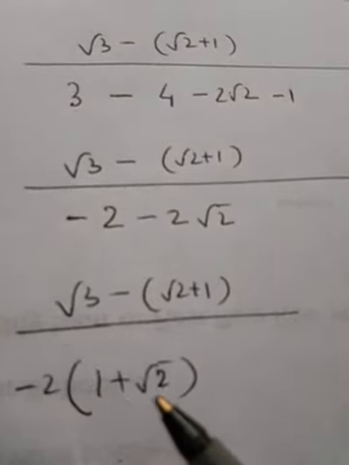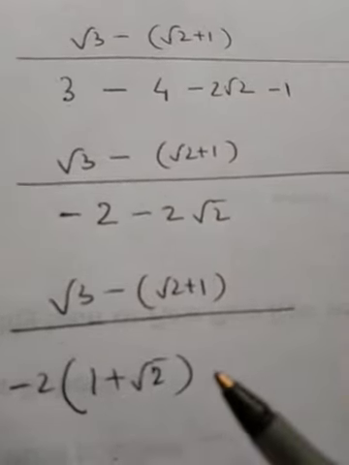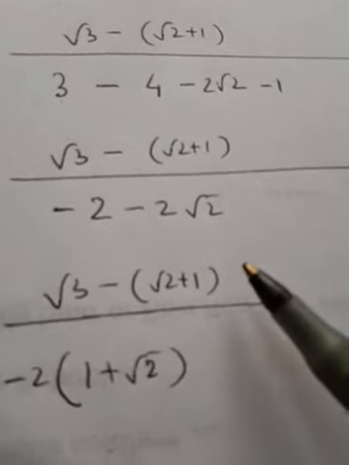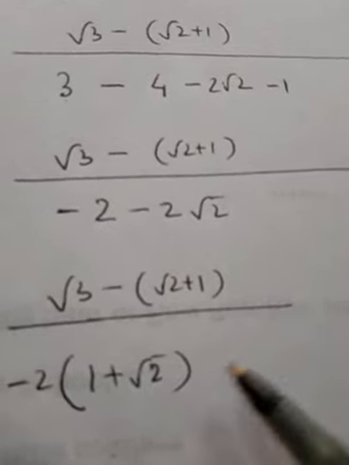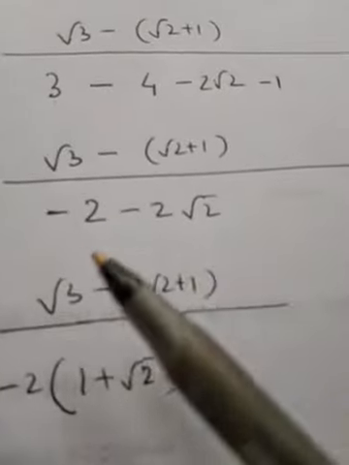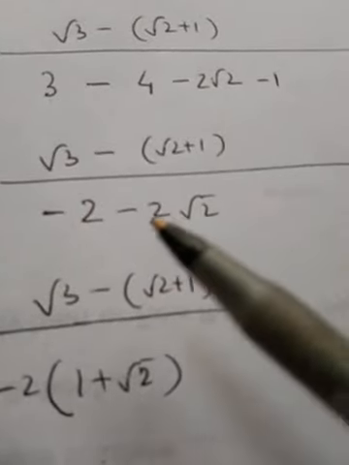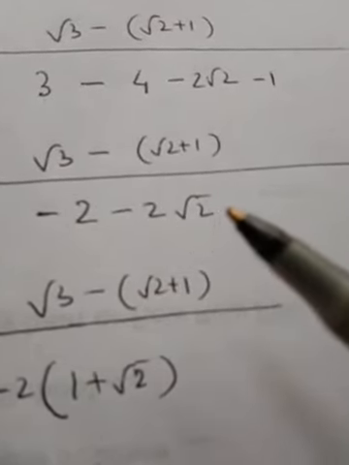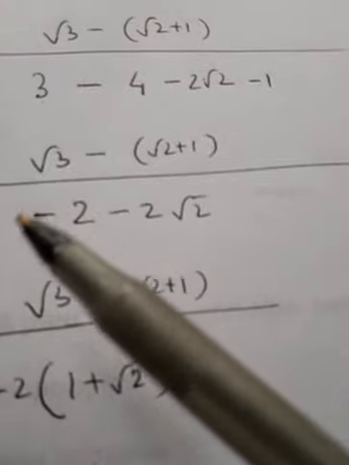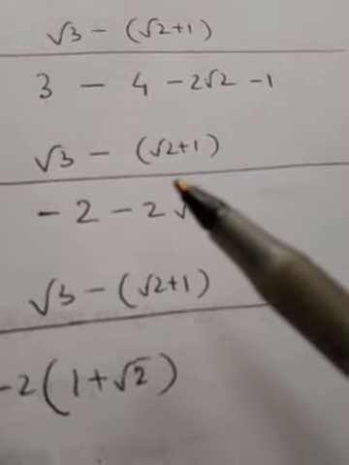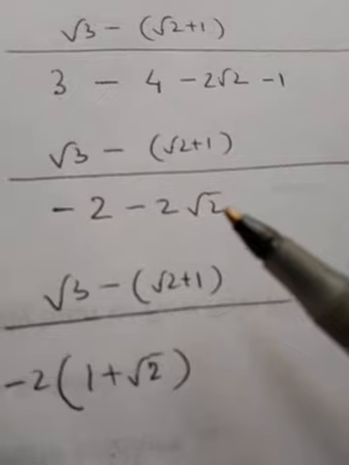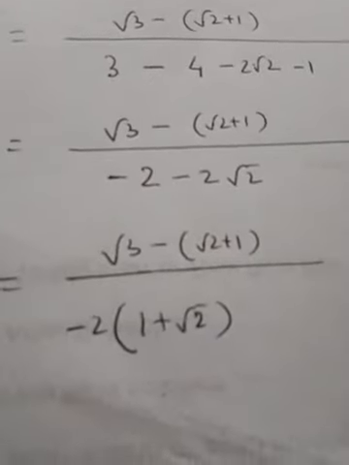You can say this is 1 plus root 2, so we'll have to multiply by 1 minus root 2 in both numerator and denominator. Or else at this step also you can do the rationalization by multiplying with minus 2 plus this term, that is 2 root 2.